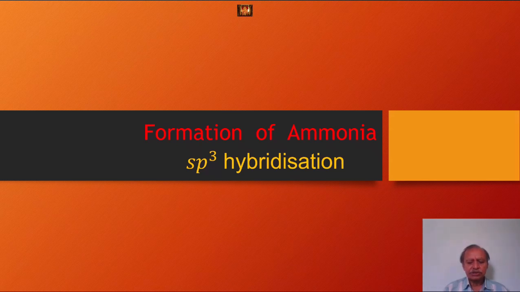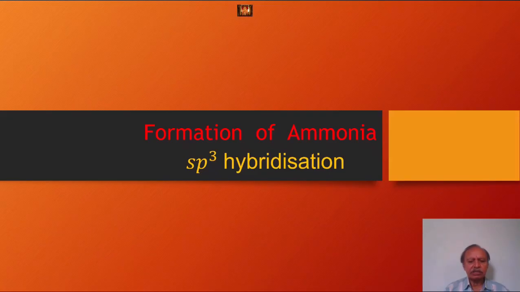In order to understand the formation of methane, we have seen the sp3 hybridization and how the 4 hydrogen atoms are bonded to the carbon atom. That is, the bonding in methane is explained on the basis of valence bond theory. In the same manner, here also the formation of ammonia is explained on the basis of valence bond theory.